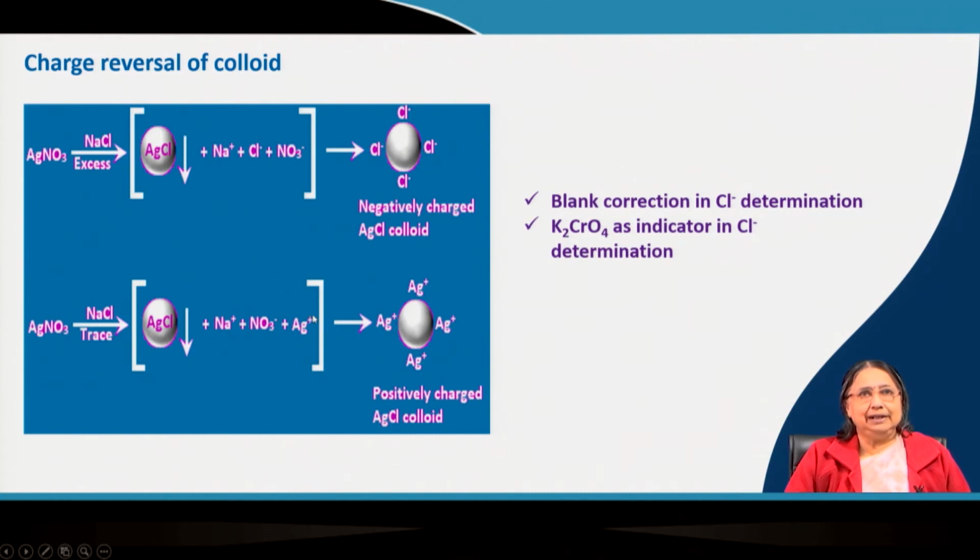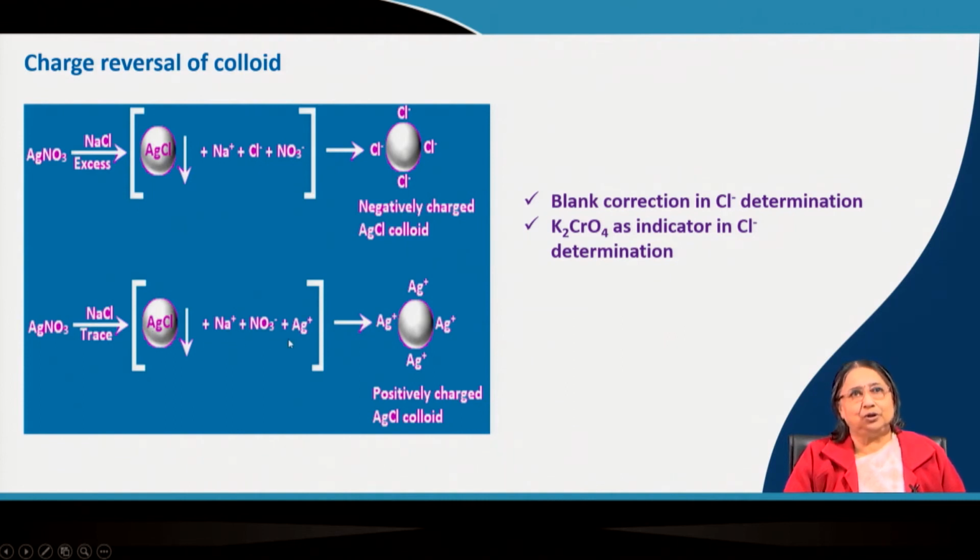Silver plus will be in excess, nitrate will come from here, and you do not have any chloride ion here because all chloride will be converted to silver chloride, but you have this choice.